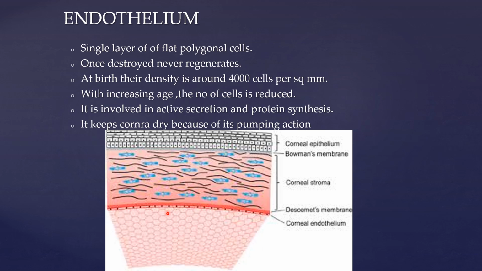Besides these, there is an active energy pump which is called the sodium potassium ATPase pump, which continuously pumps the fluid out of the cornea. So the endothelium keeps the cornea in a dry and dehydrated state, and thus it helps to maintain the transparency of cornea.